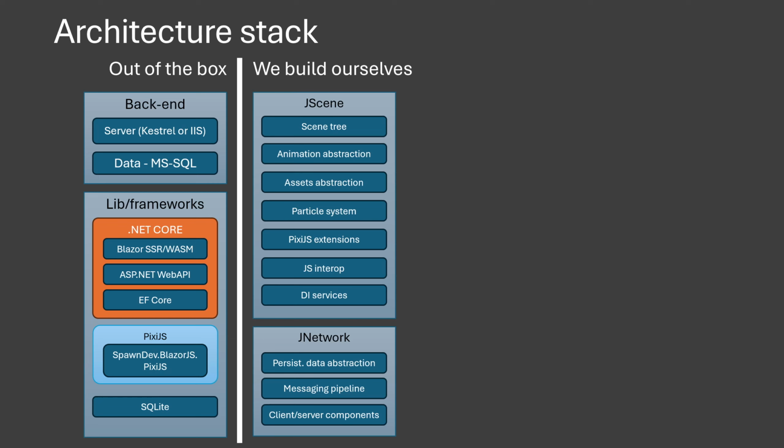So things like that. There will be some Pixie.js extensions, and that's mostly the stuff that is missing from SpawnDev's library. And we will be doing some JavaScript interop, because there is a bottleneck. As great as the WASM wrapper for Pixie.js is, and it's not something that SpawnDev did wrong, it's just the way the interop is done between WASM and JavaScript in Blazor with the JSON serialization that creates a serious bottleneck in working with graphics-heavy libraries like Pixie.js, because you would need to supply a lot of input for Pixie.js to render graphics for every sprite.